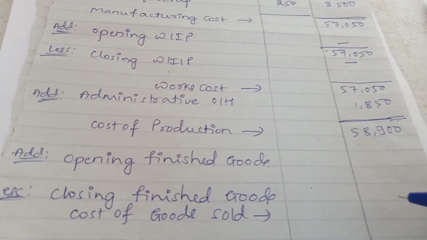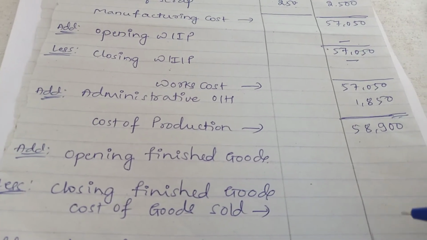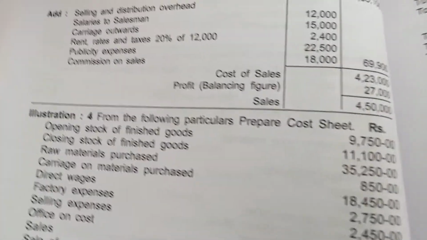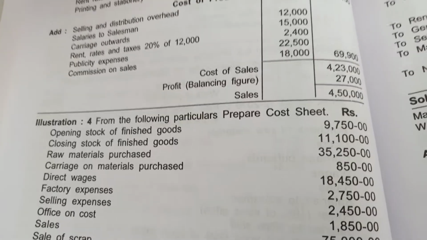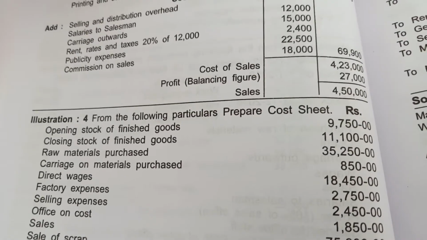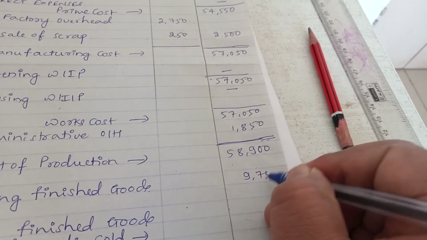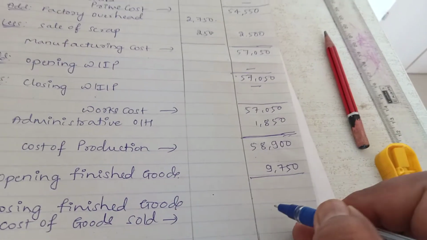Then you need to check whether opening finished goods and closing finished goods have been given. Yes, one is opening finished goods and another is closing finished goods. Opening is added, closing is deducted. 9,750 should be added.